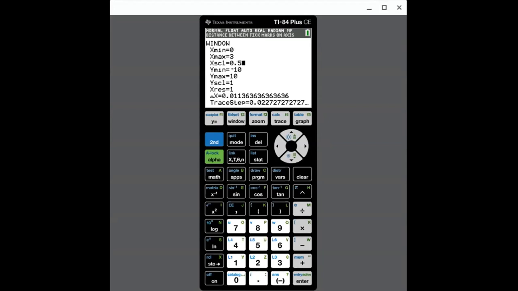See if this gives us any indication. Now I kind of zeroed in on the curve, but that's what we're looking at.